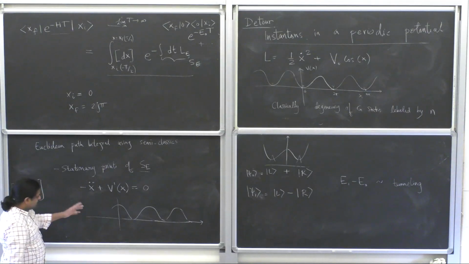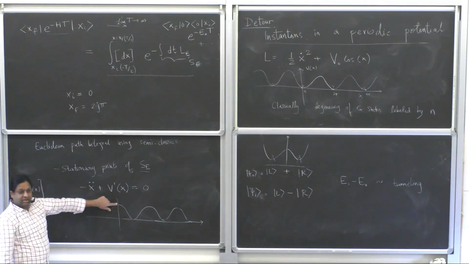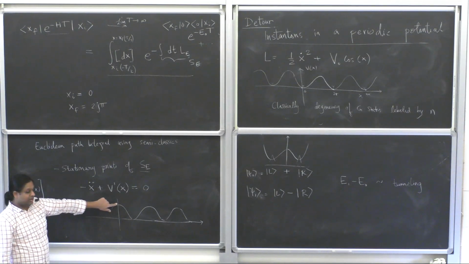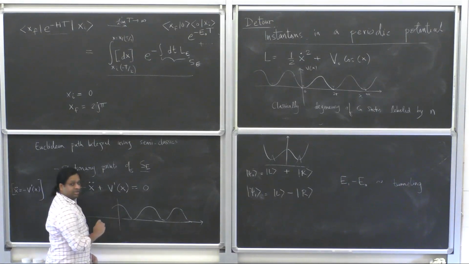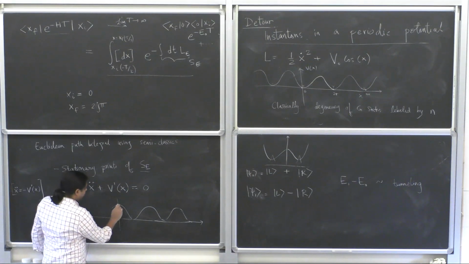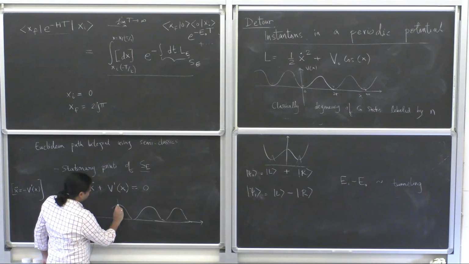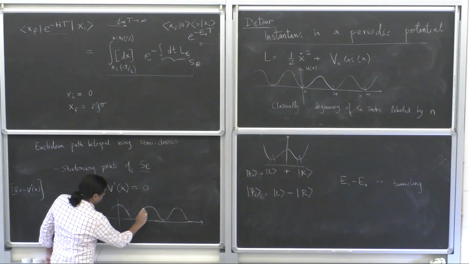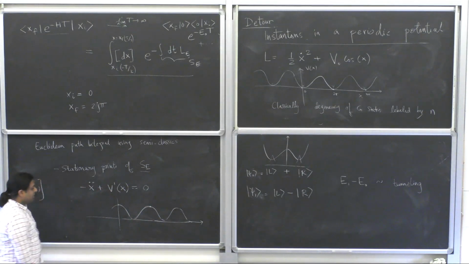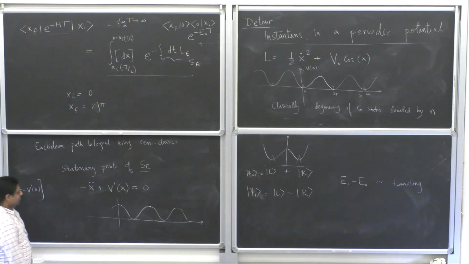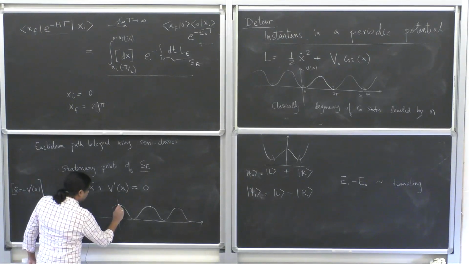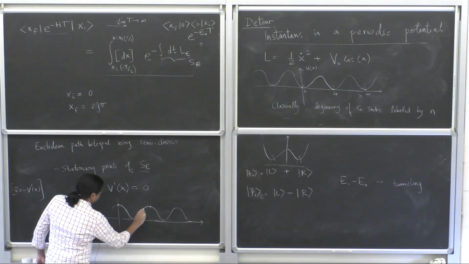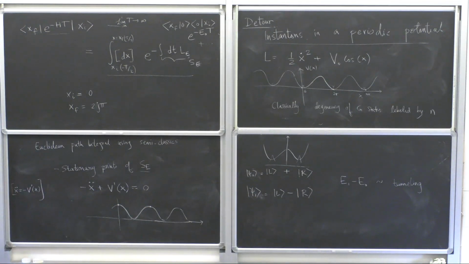Depending on the boundary conditions, some of the trajectories would be just sitting on top of the potential forever. That's a classical solution. Another trajectory that is a classical solution for this potential is to go between these two maxima. So the particle starts at the top of the hill and ends up at the top of the other hill.